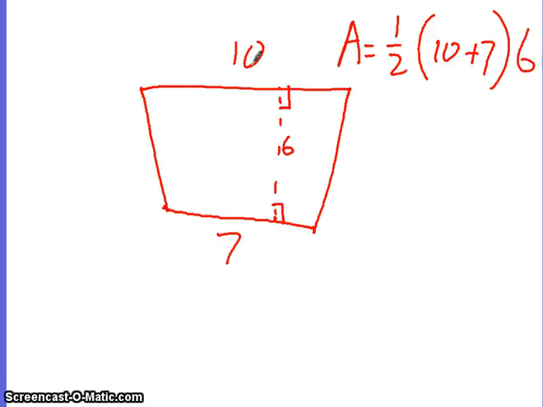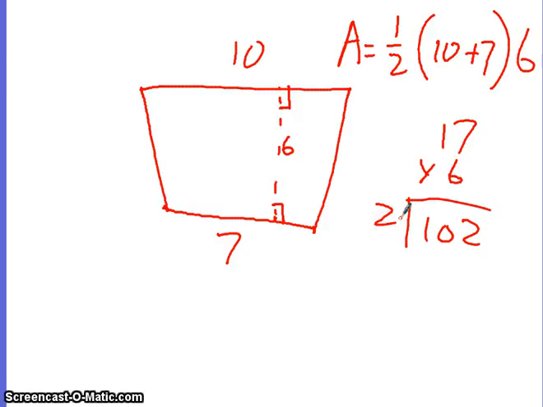Because does order matter in multiplication? And is order going to matter when we multiply by 1/2? Okay, what's 17 times 6? 102. What's 102 divided by 2?